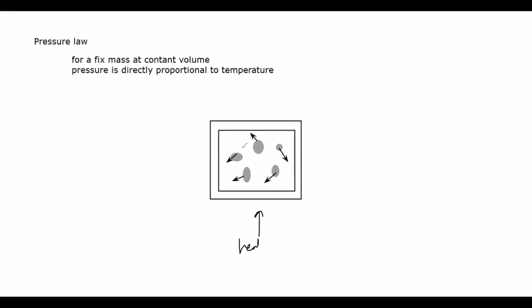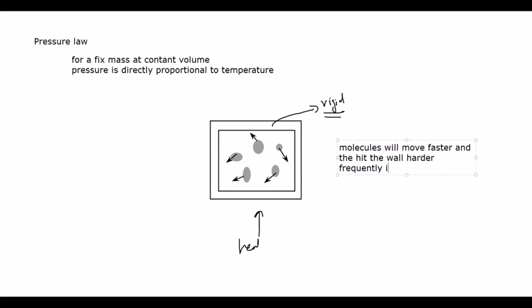So the volume is kept constant. How is the volume kept constant? Because it is a rigid container. The term rigid means it cannot change its shape, size or volume. So if the volume of a container cannot change and we supply heat energy, what happens? The molecules will move faster and hit the wall harder and more frequently.